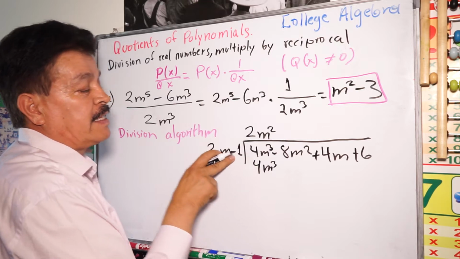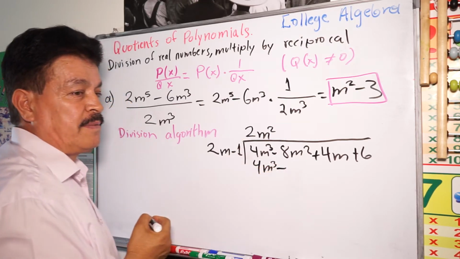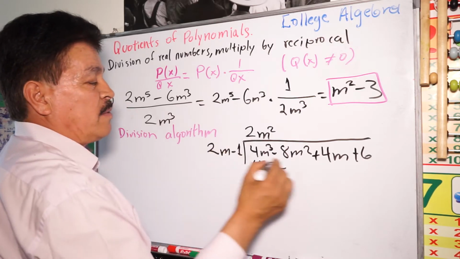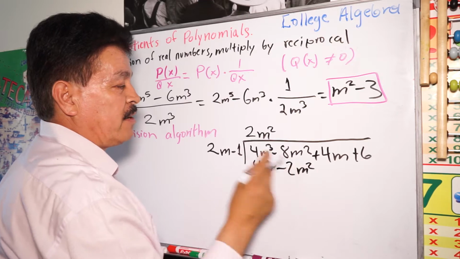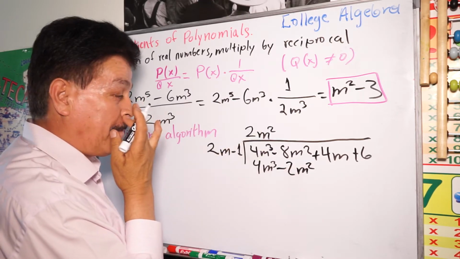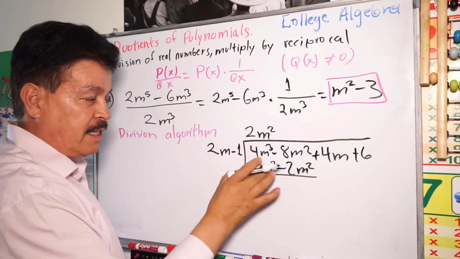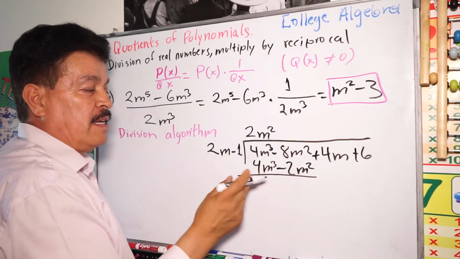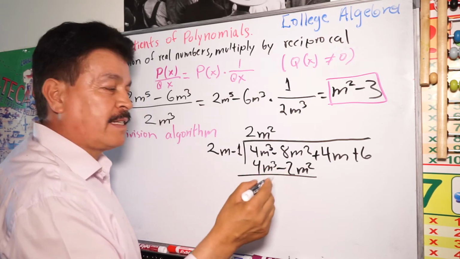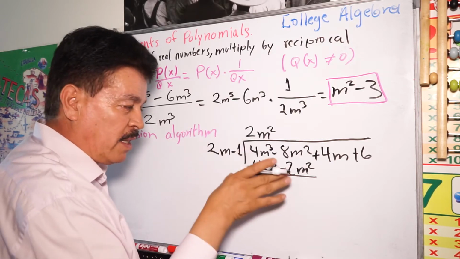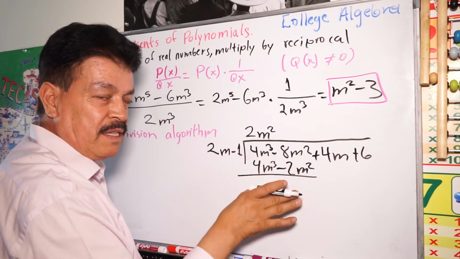Negative 1 times positive 2 is negative, so 2 times 1 is 2m to the second power. There are no variables here. Now subtract this term from the top one. You must change the signs in the bottom one. I didn't change them because I want to explain it. So now subtract, with the positive signs.